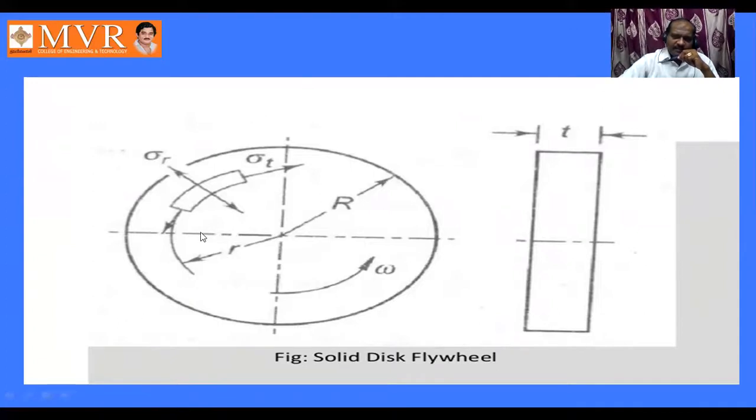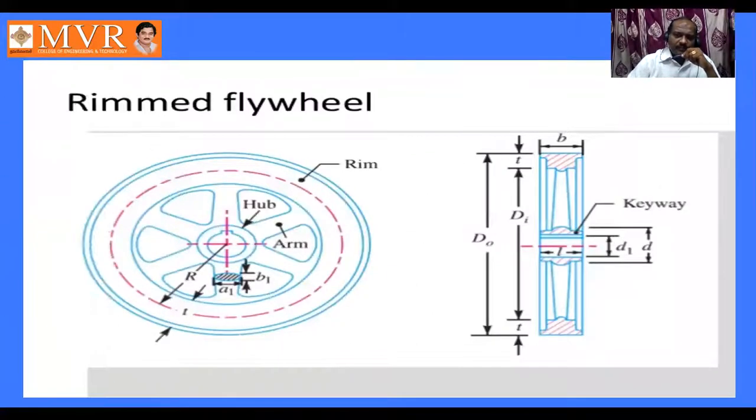Thickness is there, radius is there, angular velocity is there, and sigma t, that is the stress acting on the wheel, is there. Now the spoked flywheel. If you observe the spoked flywheel, the hub is here. These are going to be called arms.